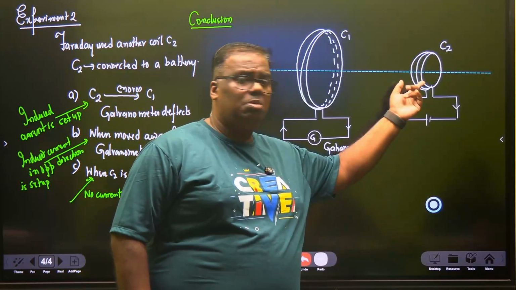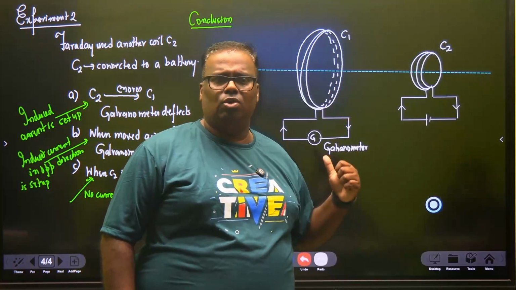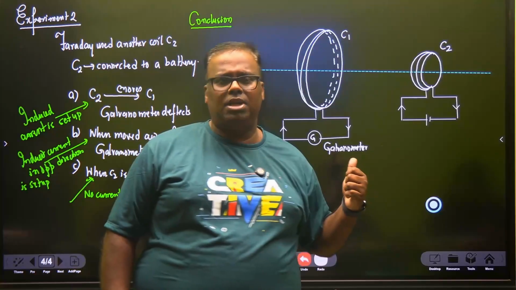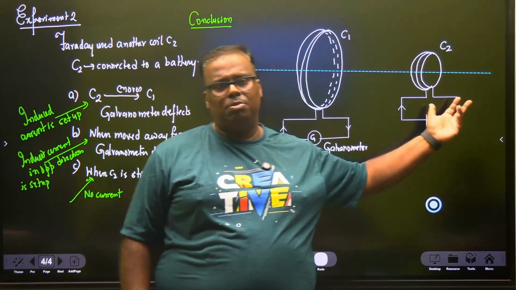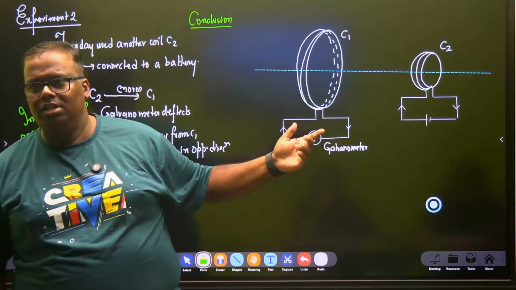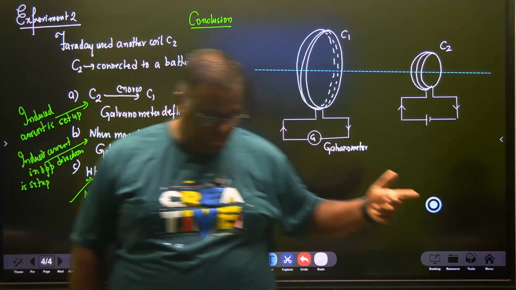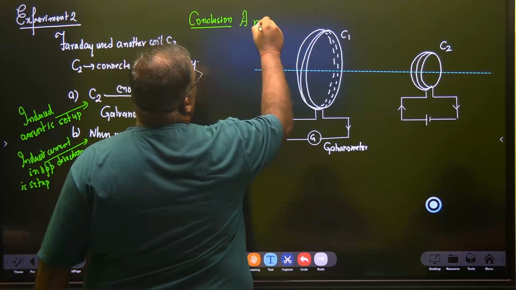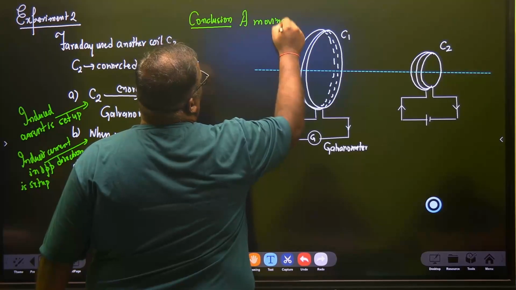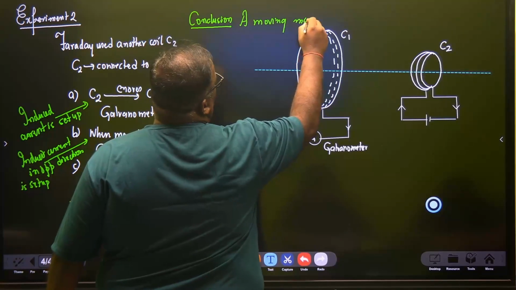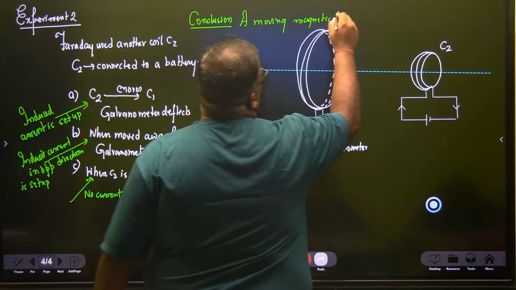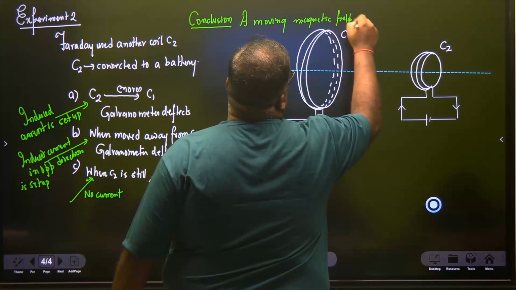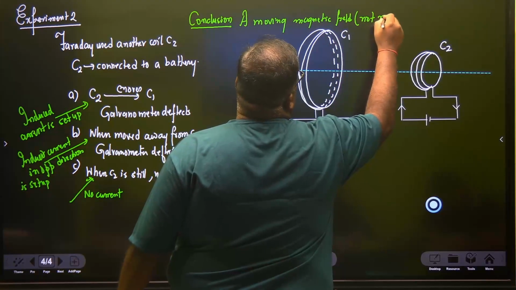Relative motion between a magnetic field and a coil. Because you have to create a magnetic field here, whether you create it by a permanent magnet or you create it by a coil which is carrying current. So please write down a moving magnetic field, and in bracket you can write not necessarily a magnet.